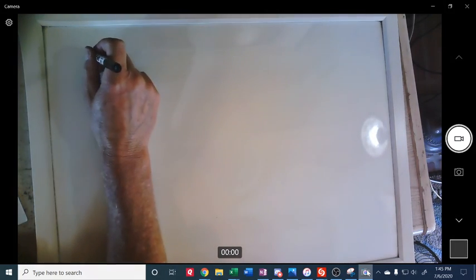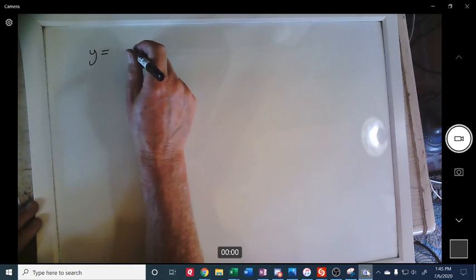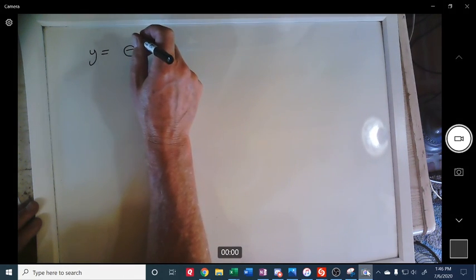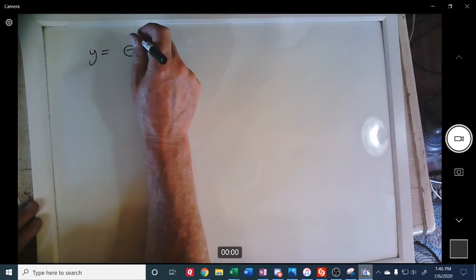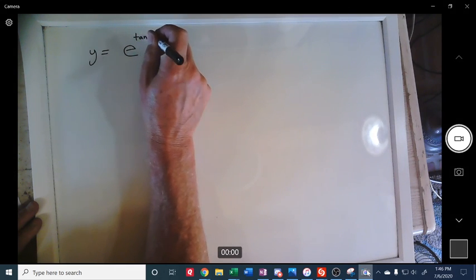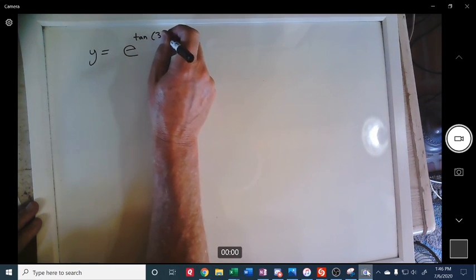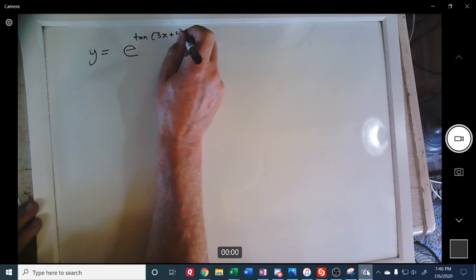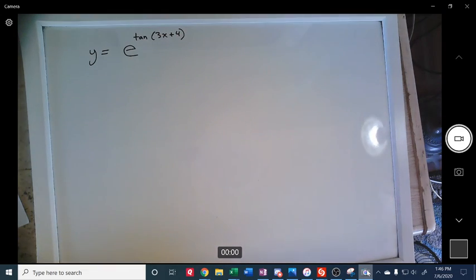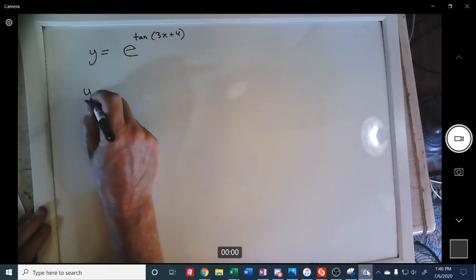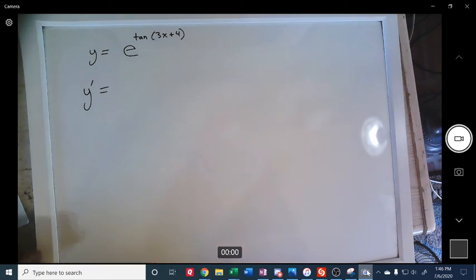Alright, let's do y equals e to the tangent of 3x plus 4. And let's do the derivative.